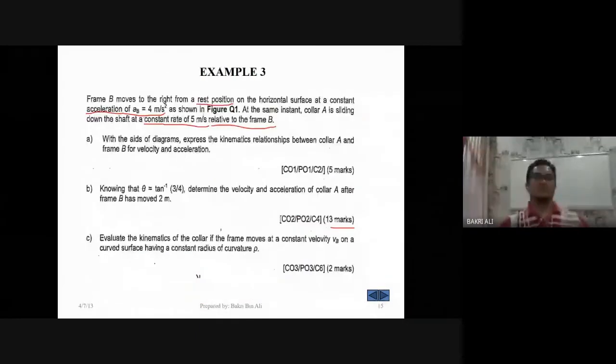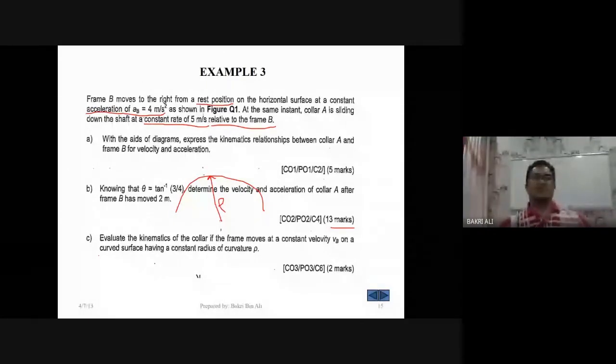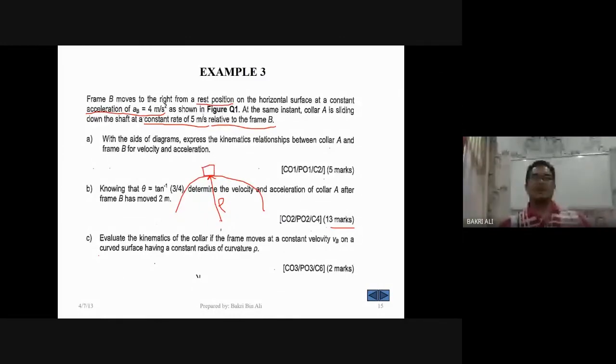And lastly, evaluate the kinematics of the collar if the frame moves at constant velocity VB on a curved surface having a constant radius of curvature. Instead of moving on a straight track on a flat surface, now frame B moves in a curvilinear motion with a constant velocity of VB.